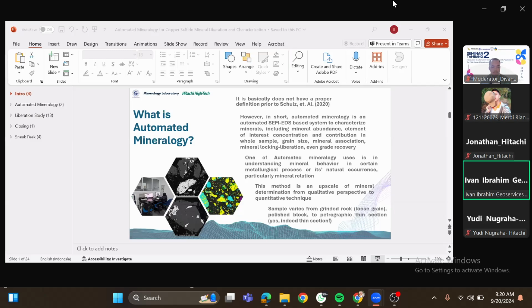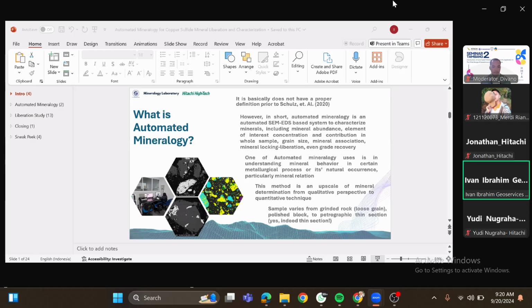Dan saya cerita tadi sebelumnya saya berkenalan dengan SEM itu kan hanya imaging ya, hanya gambar. Dan automated mineralogy ini sebetulnya adalah upscale. Jadi kalau kita main di SEM biasa, itu kan hanya gambar, lalu ditembak EDS per titik tembak saja.